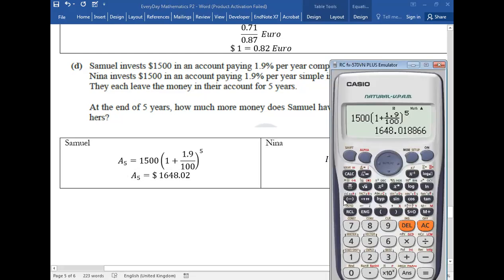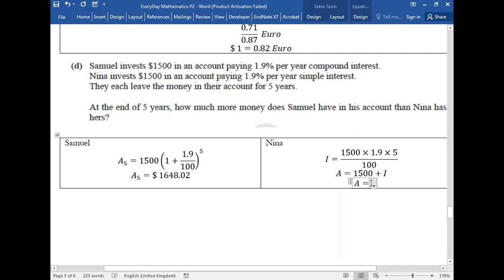And for the next one, PRT is 1500 into rate is 1.9 times 5 upon 100 and then plus 1500, which is 1642.5.